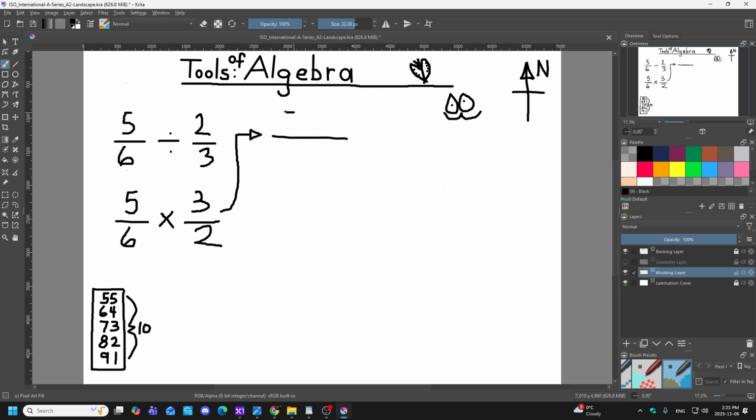So now we have 5 multiplied by 3, 6 multiplied by 2. The greatest thing about multiplying fractions is all you have to do is focus on the numerator, multiply those together, and then focus on the denominator and multiply those together.